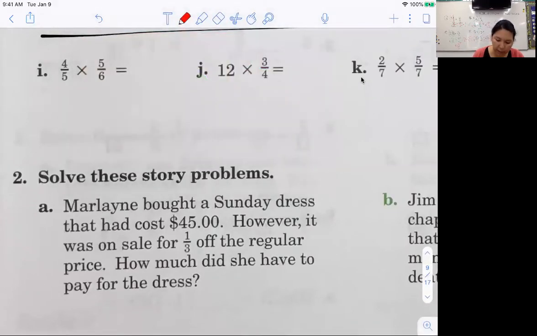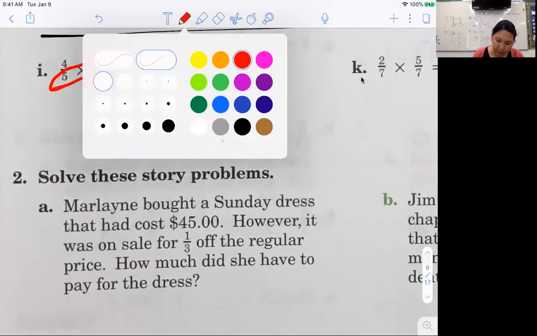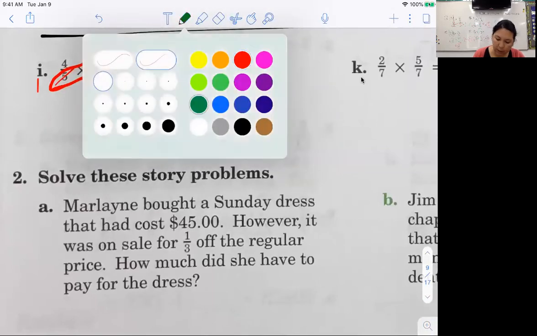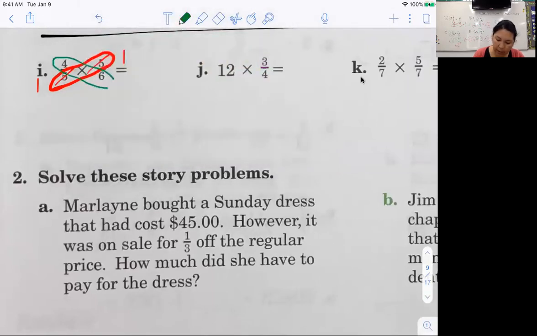Cross-canceling, you're right, guys. 5 can go into 5 one time, 5 can go into 5 one time. If I cross cancel this way, I can't divide by 4, but I can divide by 2. How many 2's can go into 4? 2. How many 2's can go into 6? 3. And then top times top, 2. Bottom times bottom, 3. So 2/3 is my answer there.